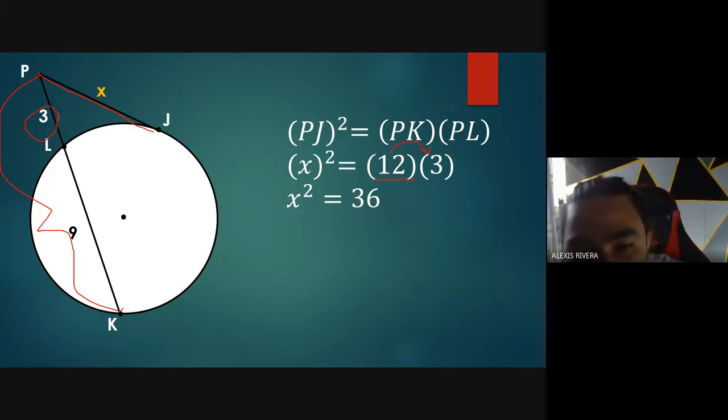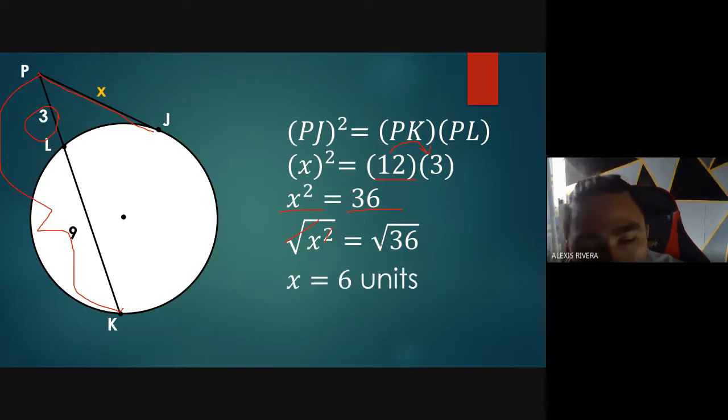This time around, since yung x ang naka-square, and we all know that to eliminate the square or para maging x na lang siya, ang gagawin natin is the reverse, which is extracting the square root. Therefore, this will be only x na lang. And the square root of 36, merong whole number na square root, and that is 6 units. So, ganun lamang po kadali.